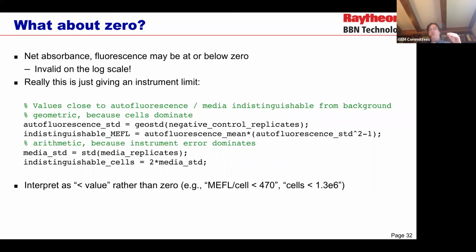So when you've got low values coming close to or below 0, don't worry about the fact that taking a log might put you into not a number space. You just want to interpret those low values, even the ones above 0, but below 2 standard deviations above your autofluorescence, as this measure is less than this measure. I cannot see, say, less than 470 methyl per cell, or less than 1.3 times 10 to the 6 cells in my sample.